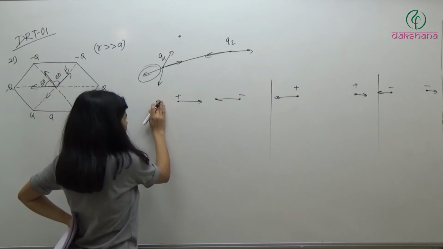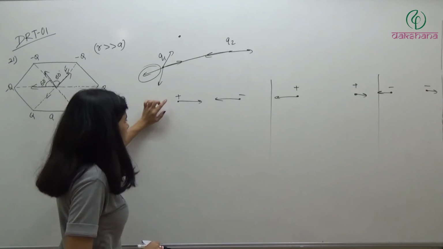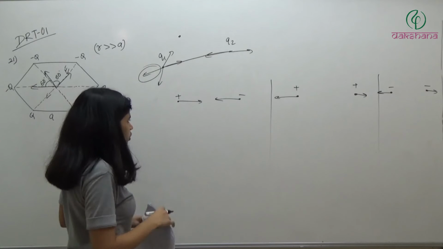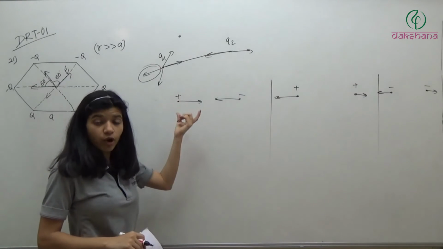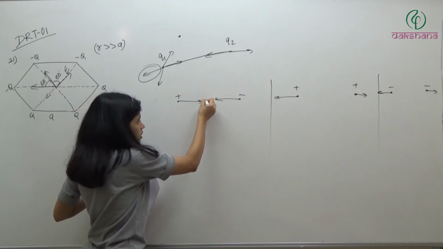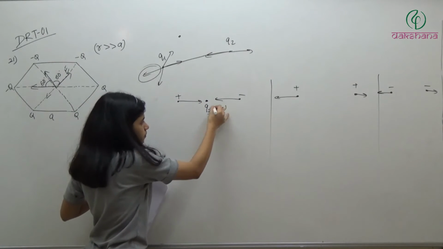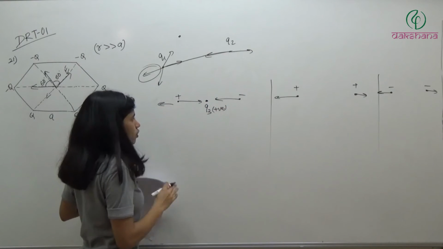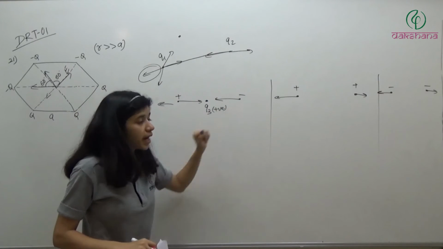Now, to keep this in equilibrium, we need to have a charge. Let's say we have a positive charge. If I have a positive charge, where should I keep that charge? That positive charge will repel this. Now I want that repulsion to be in this direction. So either I can keep that charge here, like let's say Q3 I kept here, which was positive. Now it will repel this. So possibly it can cancel the component, but it is going to attract this.